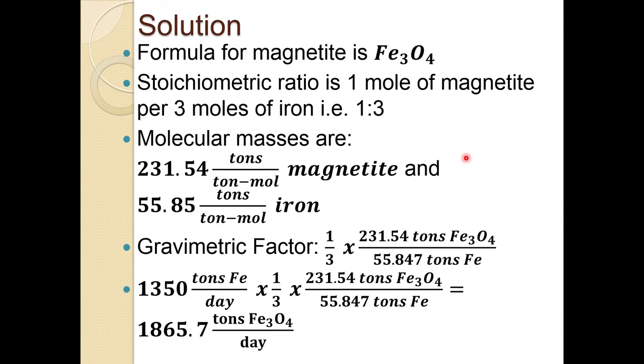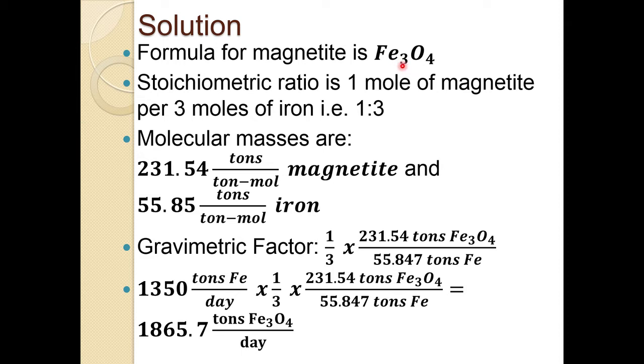What essentially you do is, you know the formula of magnetite, considering Fe3O4 as a pure compound. So the stoichiometric ratio, as you can see, is 1 mole of magnetite having 3 moles of iron.